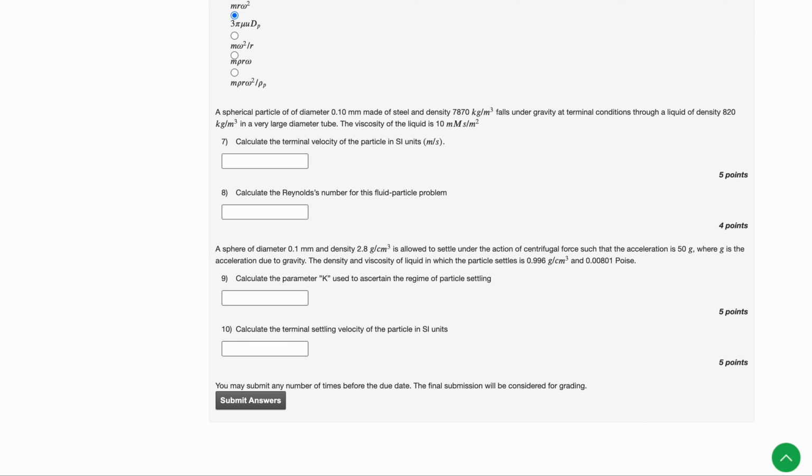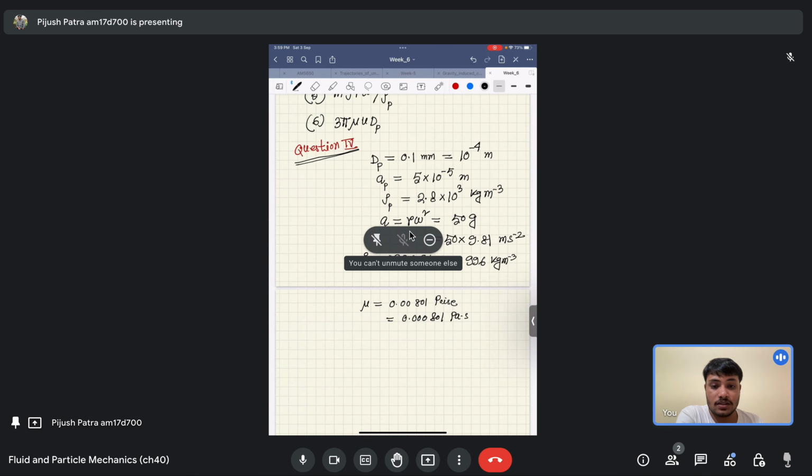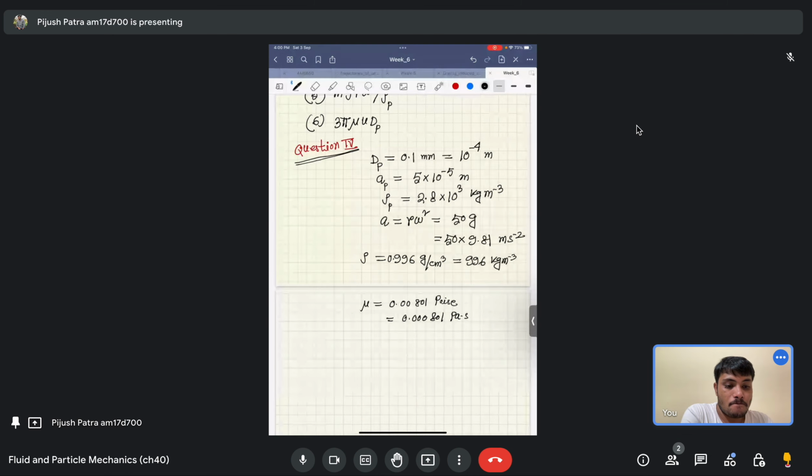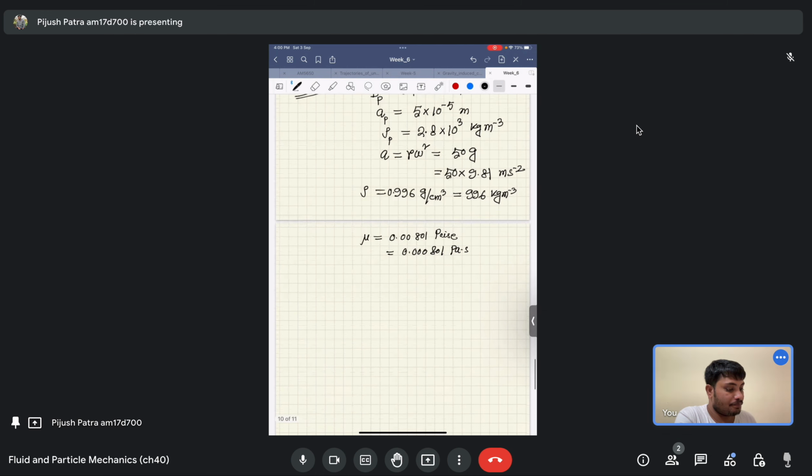Okay, so this is how it looks. I just quoted the data now. So what is the terminal velocity of the particle? Can someone calculate it? What is ut?